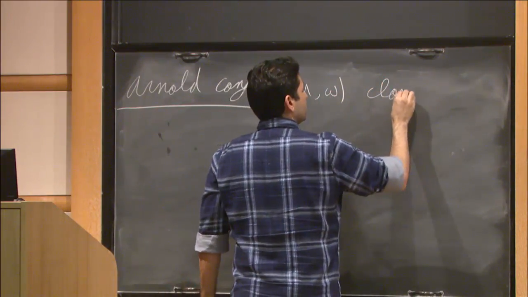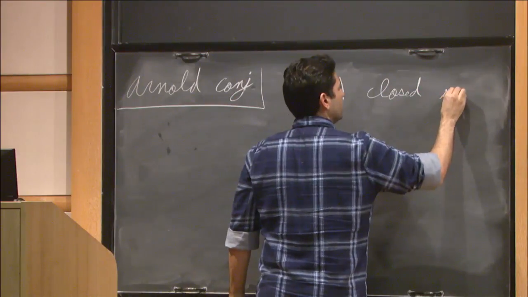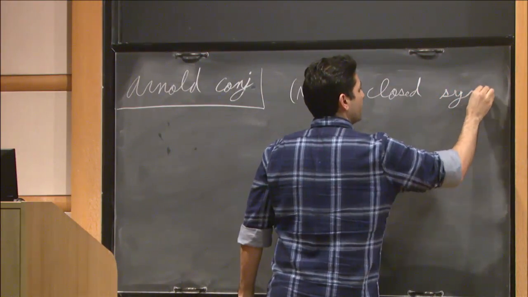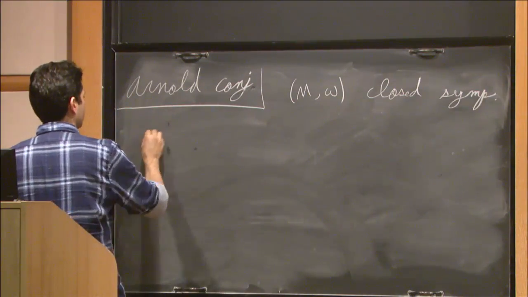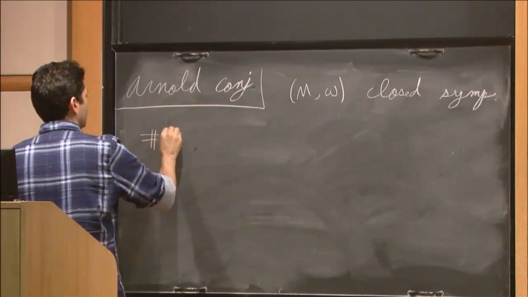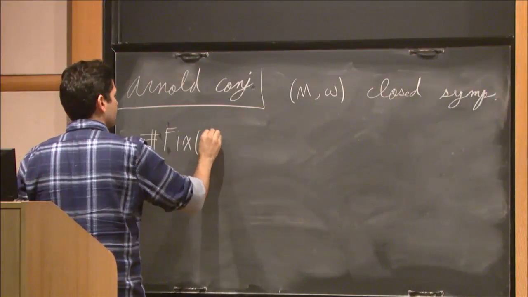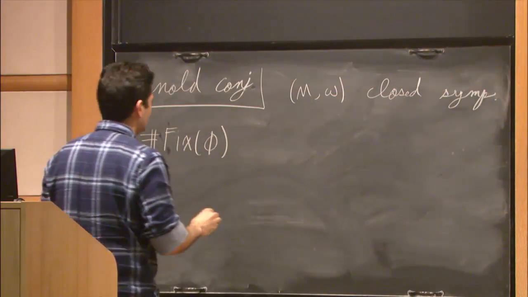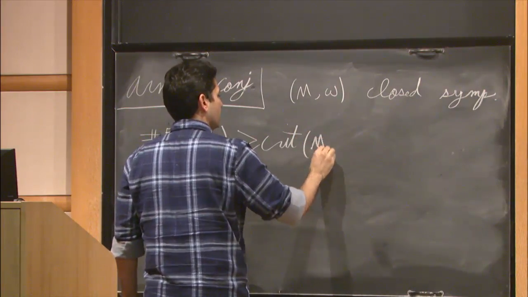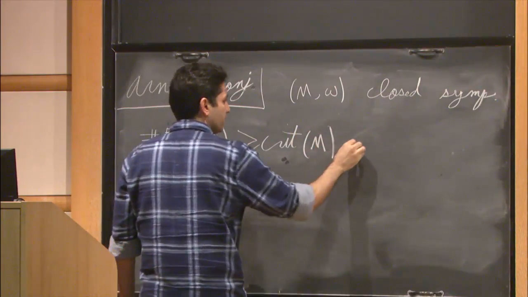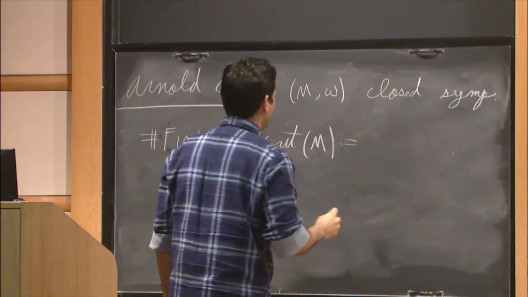Let's take (M, omega) to be a closed symplectic manifold. What Arnold conjectured was that the number of fixed points of a Hamiltonian diffeomorphism is bounded by some number crit of M. Here's its definition. It just depends on the topology of the manifold.